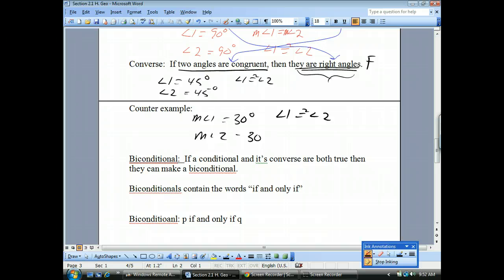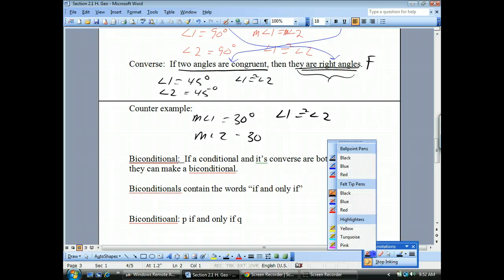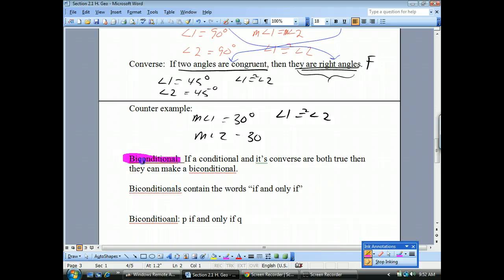Okay. Then we have what's called a biconditional. A biconditional is formed if a conditional and its converse are both true. That's the key. They both have to be true. Then they make what we call a biconditional.